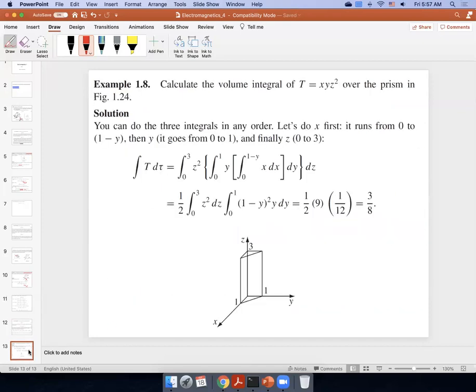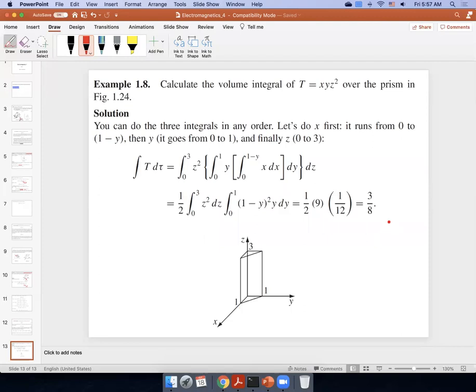Now let's see one example for a volume integral, which is a scalar function T. So here you see T is x, y, z squared. It doesn't have any x component, y component, z component. It's just a scalar. So we want to do the integral in this figure. It's pretty straightforward.